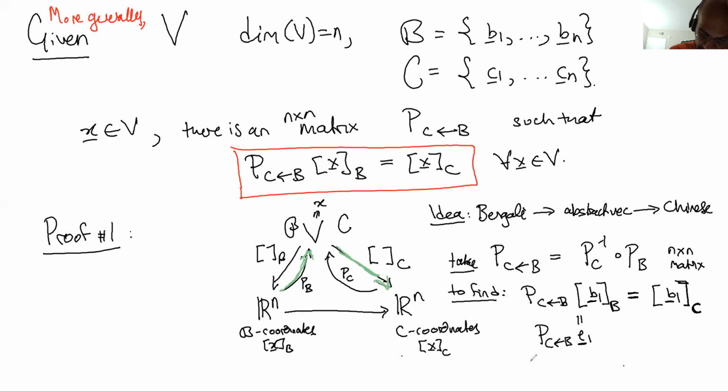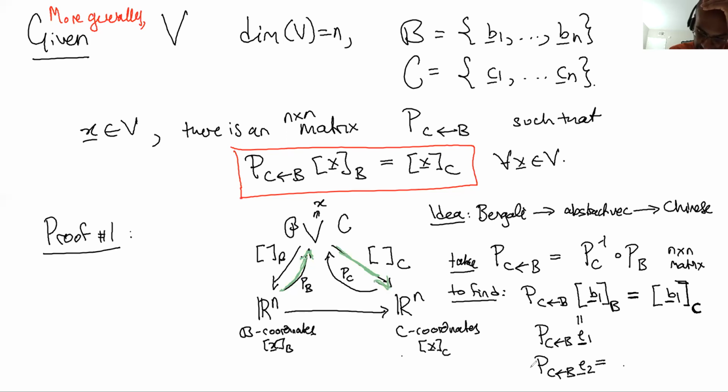But now what is the second column? By the same reasoning, what would the second column of this matrix be? Is it just B2 in the B coordinate system? Yeah, right.